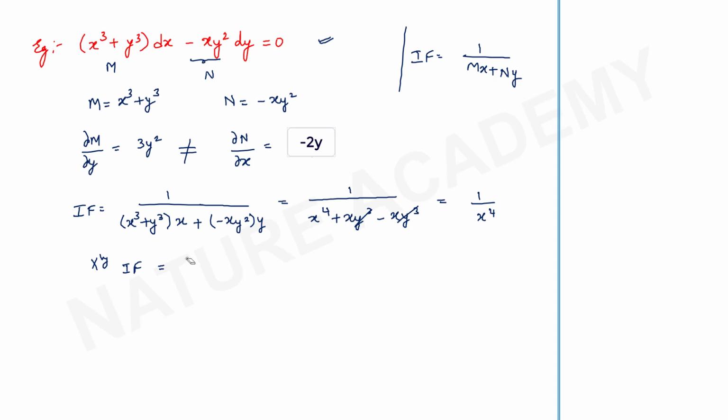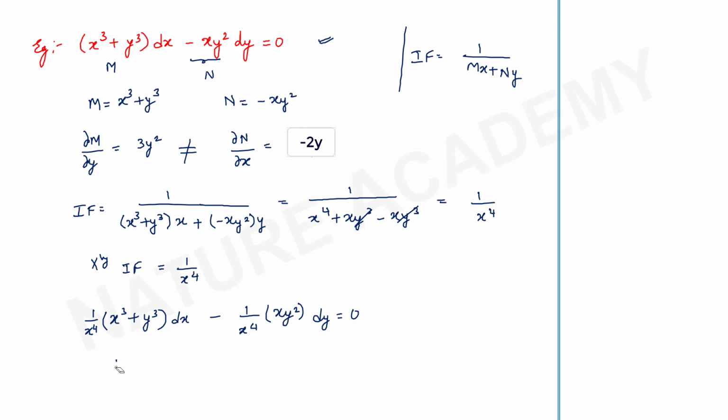That integrating factor is equal to 1 upon x raised to 4. Therefore, the given differential equation (x cube plus y cube) into 1 upon x raised to 4 into dx minus 1 upon x raised to 4 into xy square into dy is equal to 0.